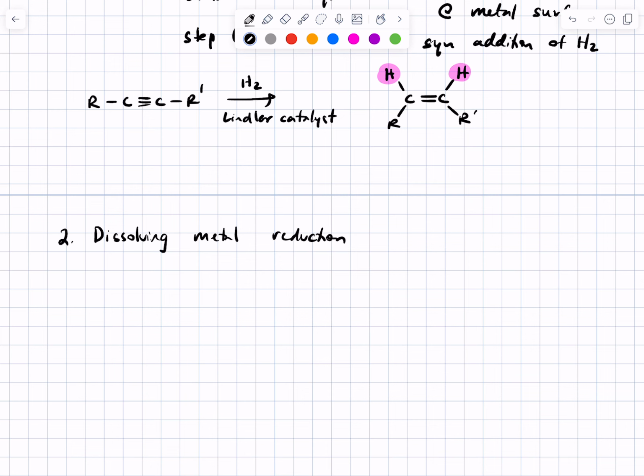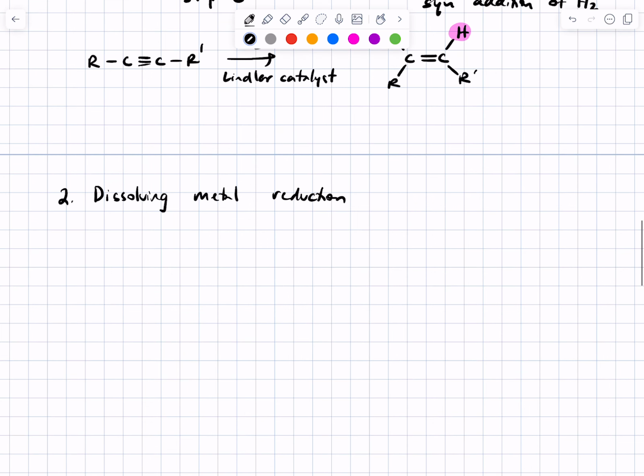It turns out that you can take sodium metal in its zero oxidation state. So that's Na0. The 0 is just to remind you that it's in its zero oxidation state. It's not sodium plus. And if you put it in liquid ammonia, okay, so NH3 is a gas.